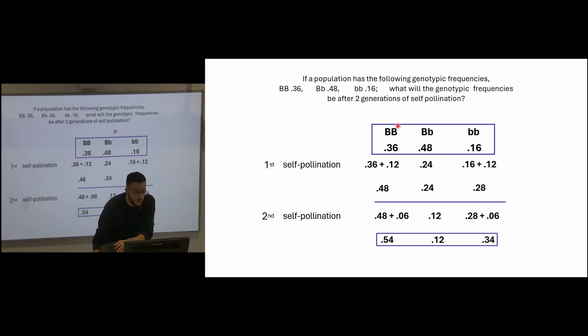If we look at the numbers, let's take an example so that you can see how this works. If we have a population with these genotypic frequencies: homozygous dominant 0.36, heterozygous 0.48, and homozygous recessive 0.16. If we look at a series of self-pollinations, when you produce the Punnett square for this, you will be reducing this by half, because you'll be producing 1/4 of this genotype and 1/4 of this genotype.